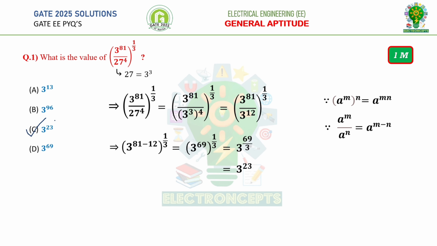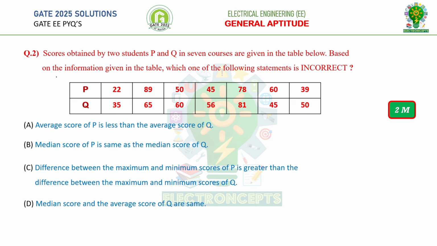Now let's solve the next question. Question number 2. Scores obtained by two students P and Q in 7 courses are given in the table. Find the incorrect statement. This is a GATE 2 mark question.